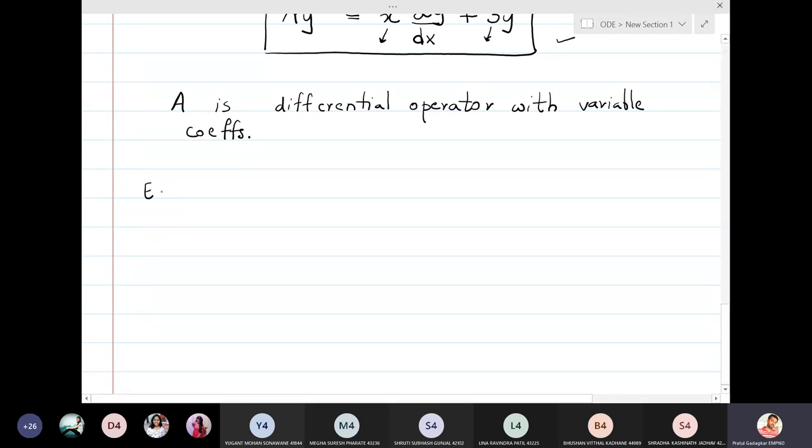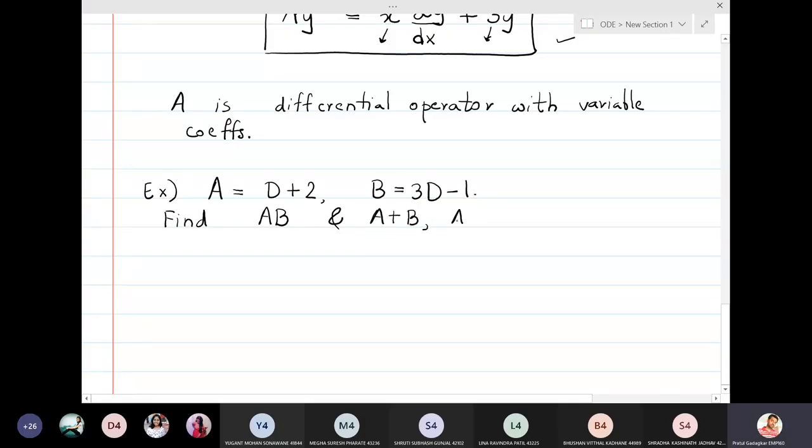So let me take a simple exercise: A is equal to D plus 2. D plus 2 means d by dx plus 2. And I'm going to take B equal to 3D minus 1. And I'm going to find two things: AB, and A plus B.